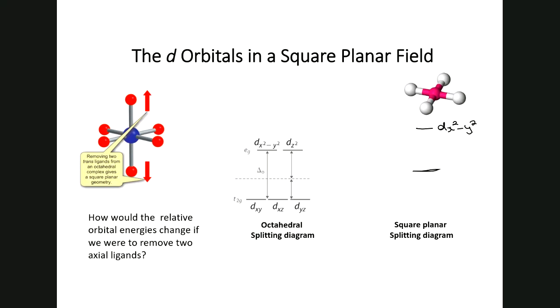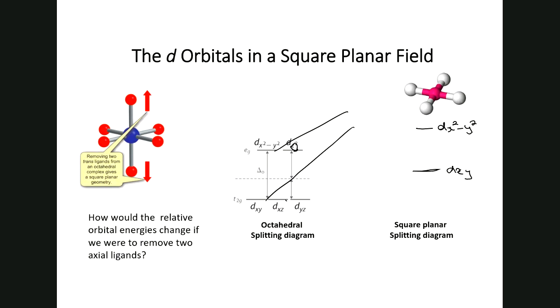So it's going to be my dxy, and this is going to go up. Now, because I've removed my z ligands, anything with a z contribution is going to be lower in energy.